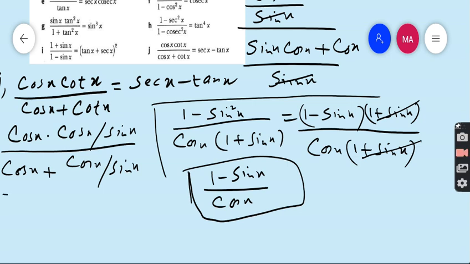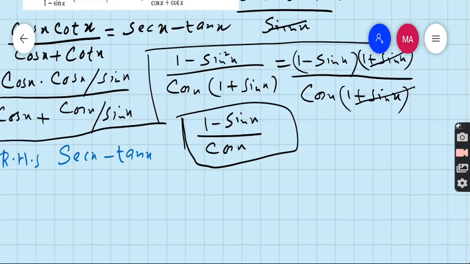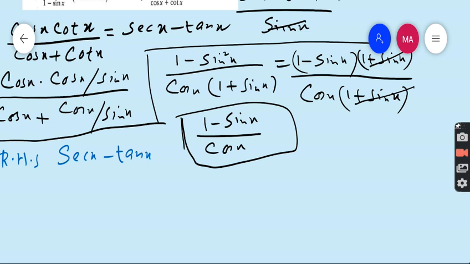Now we will take right hand side. What is the right hand side of this question? It is sec x minus tan x. Sec x is what? 1 upon cos x. Tan x is what?